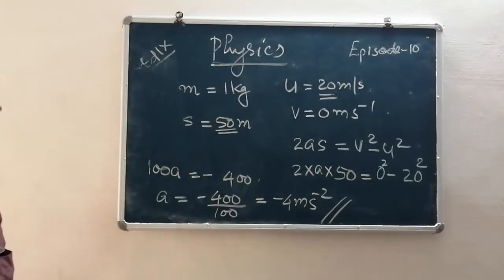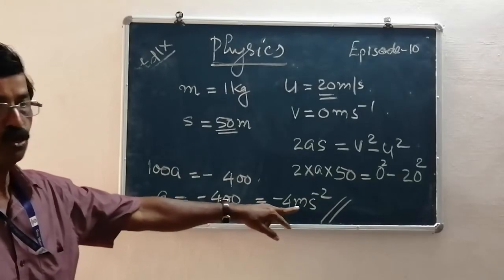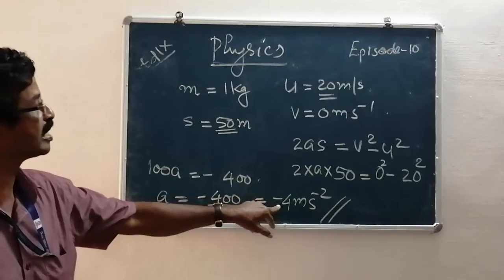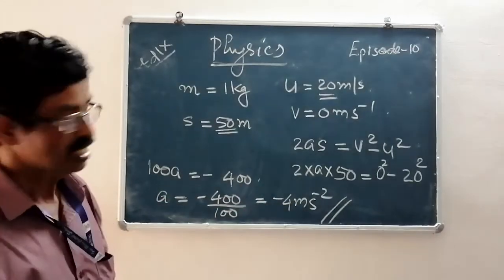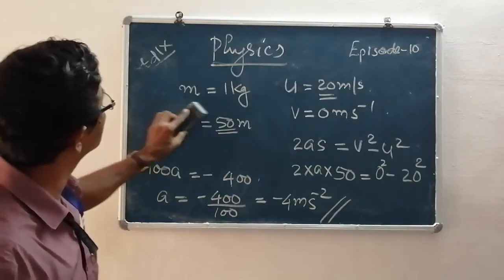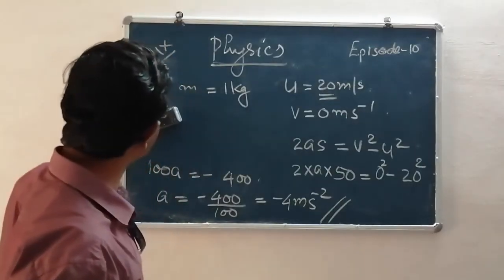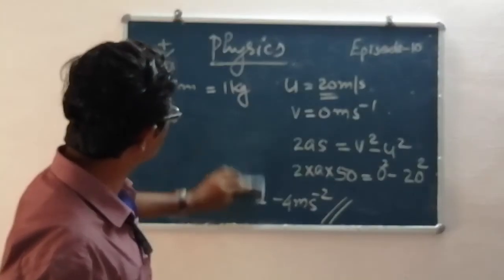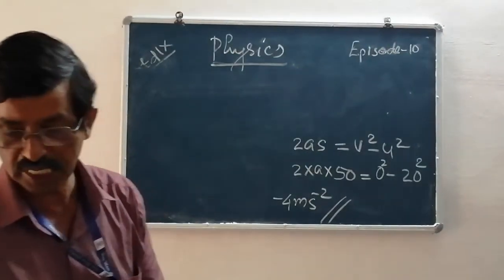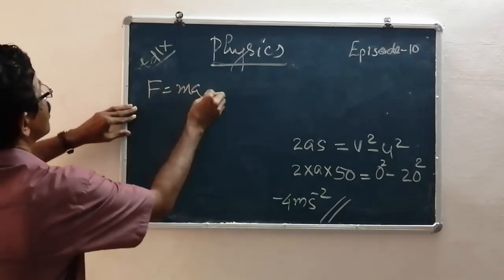This is the acceleration of the stone, negative because it is opposite to the motion of the stone. Now we want to find the force of friction. From the second law, the force of friction is the force acting on it. Hence F is equal to ma.